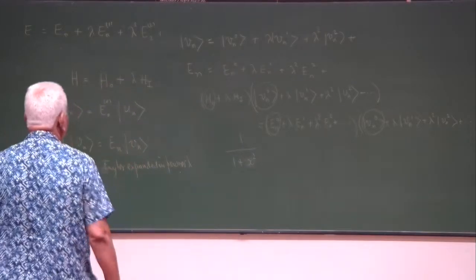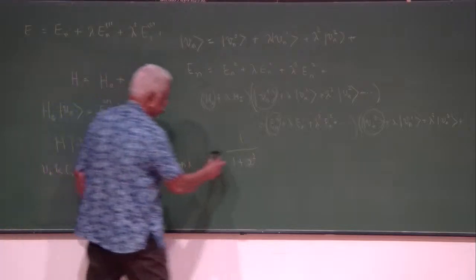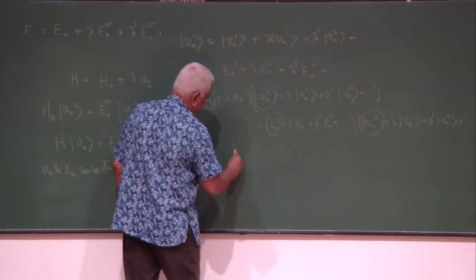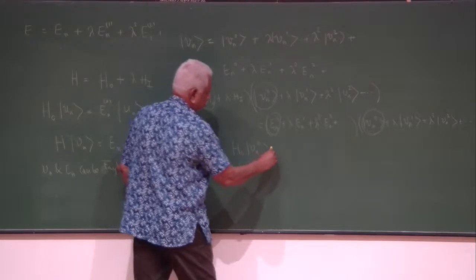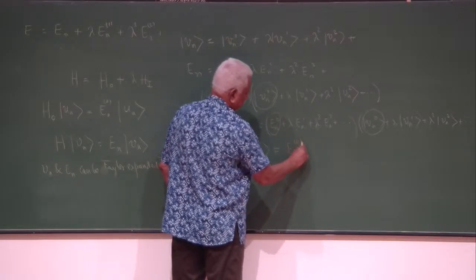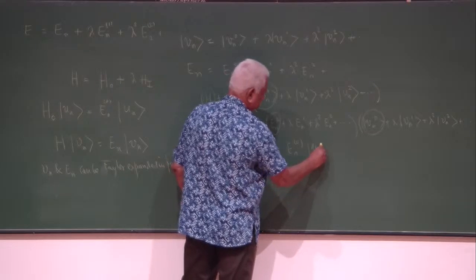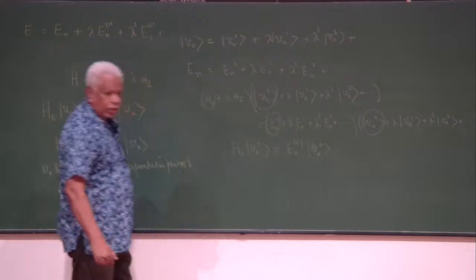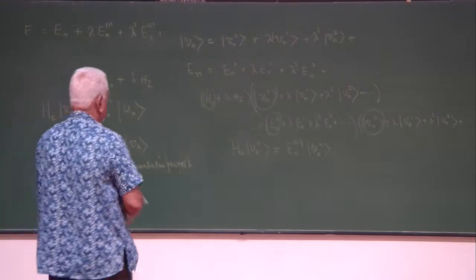So to the order lambda to the power 0, I can write down H naught Vn0 is equal to En0 Vn0, at lambda equal to 0.